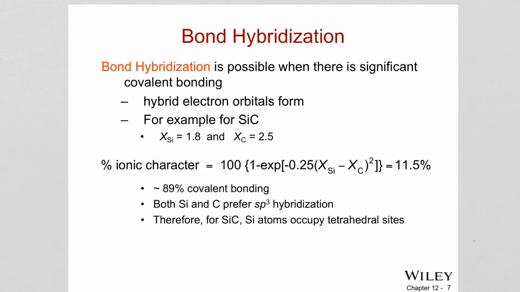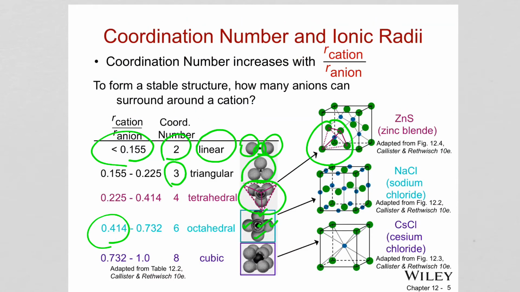If you take a look back at the structure here, we are seeing a zinc blende where a tetrahedron is forming, and the corners are sulfide ions, and the middle is the zinc. So the blue one is the zinc. Similar to that, silicon carbide forms the same structure.